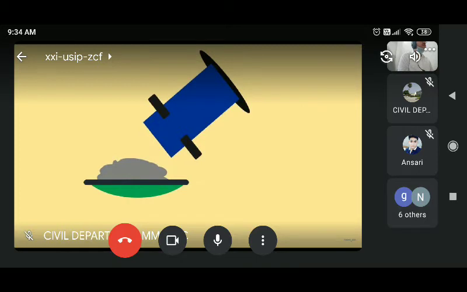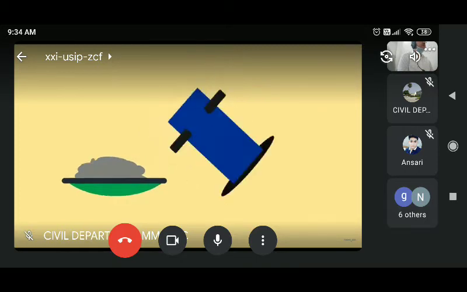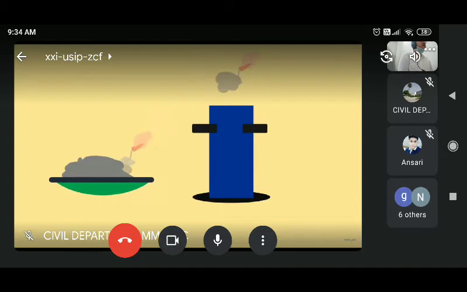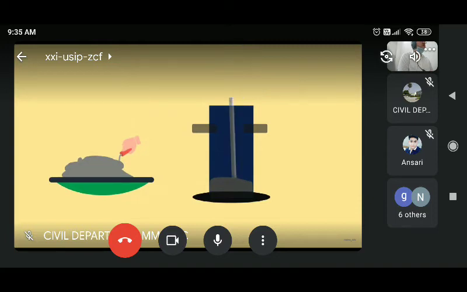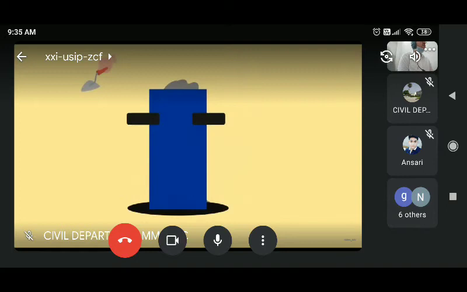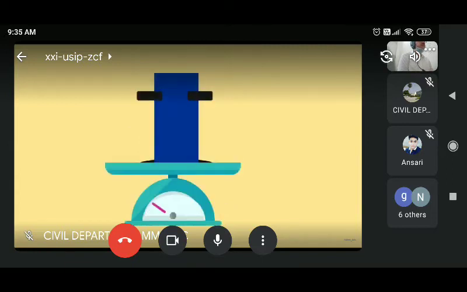Then we clean the entire cylinder and fill it again with 3 layers, compacting each for 25 blows. After compaction, the top surface is leveled off and the weight of the cylinder is taken again, and we find the weight of fully compacted concrete.